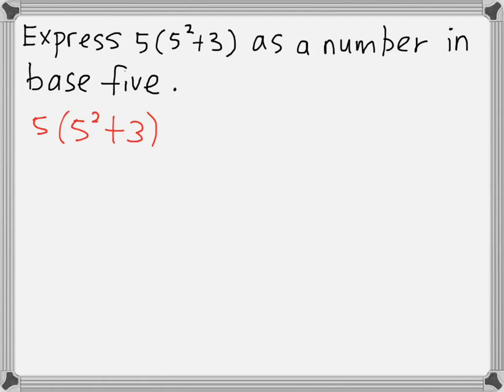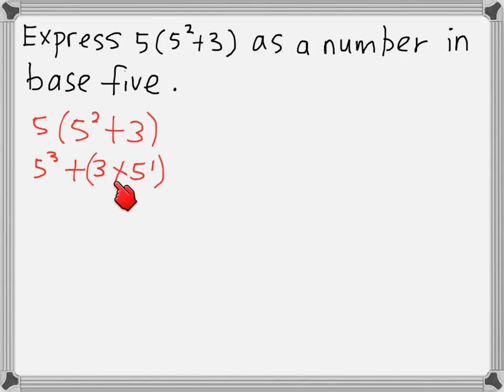So what I can do is multiply the 5 into both terms. So I will get 5 to the power of 3 plus 3 multiplied by 5 to the power of 1. Of course, you can straight away multiply it out. This is 25, and you multiply by 5, you get 125. This is 3, and you multiply by 5, you get 15.